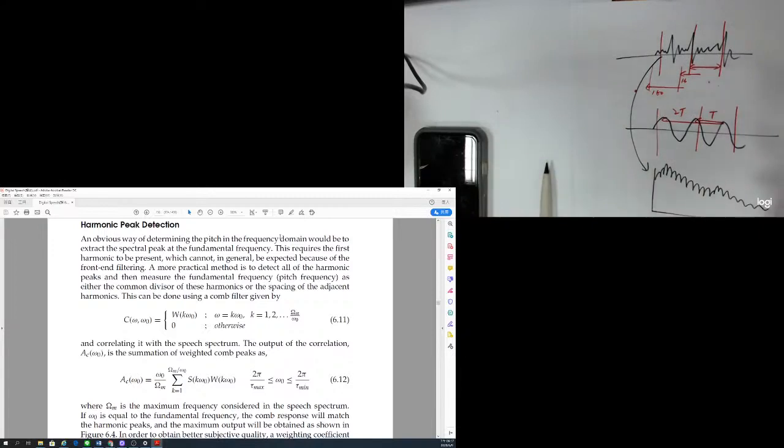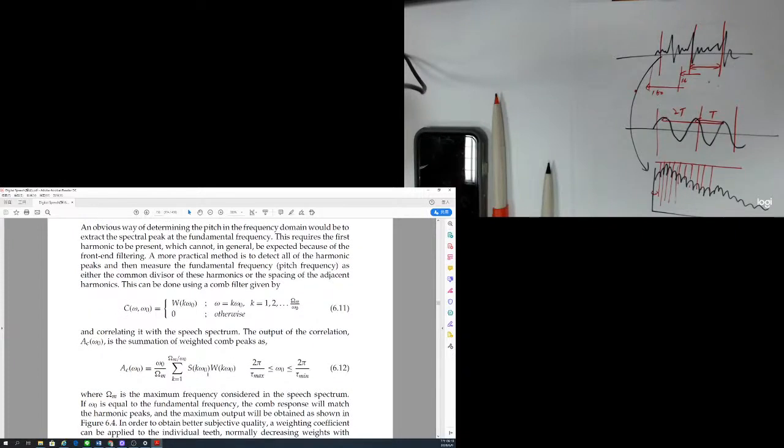So maybe we can use a comb filter, which maps your envelope shape to your peak points. The comb filter matches your peak points.